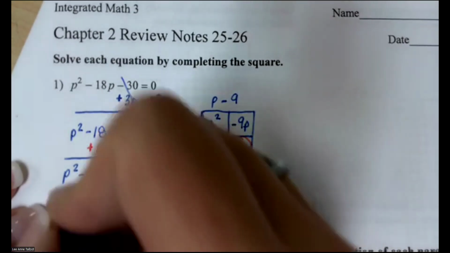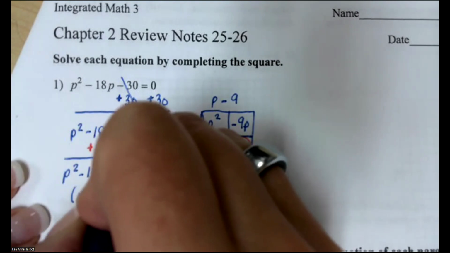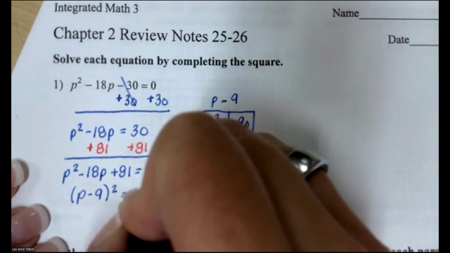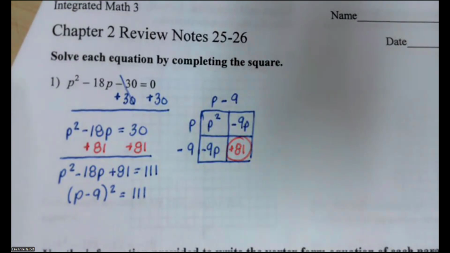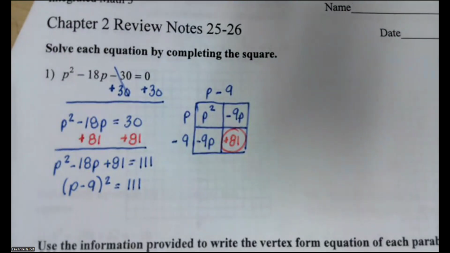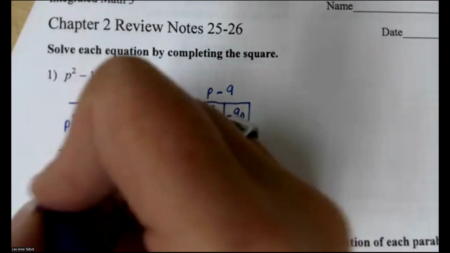Okay, then factor. 111 is weird. That's okay though. Square root.